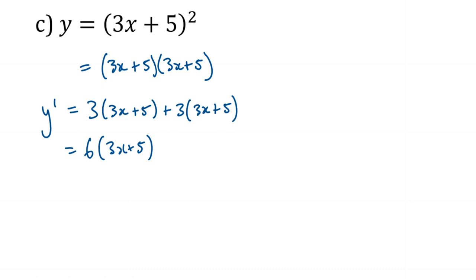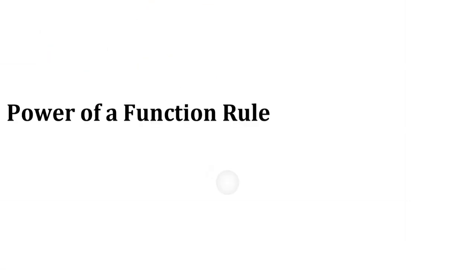Again, that's a viable way of doing it. No problem. Or you could have expanded the whole thing and taken the derivative of the resulting polynomial in polynomial form. But there's something called the power of a function rule.